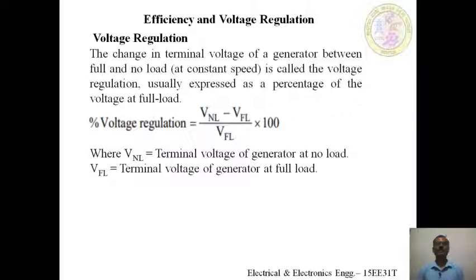Voltage regulation equals VNL minus VFL divided by VFL into 100, where VNL is the no load terminal voltage and VFL is the full load terminal voltage.